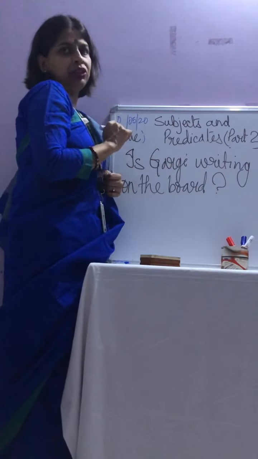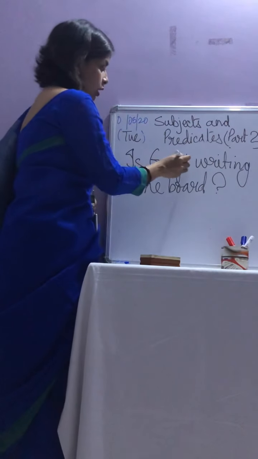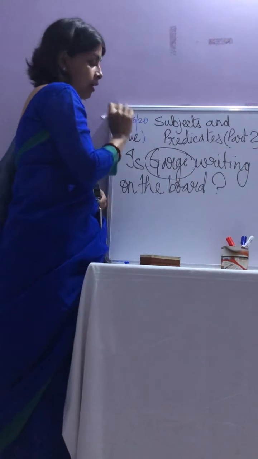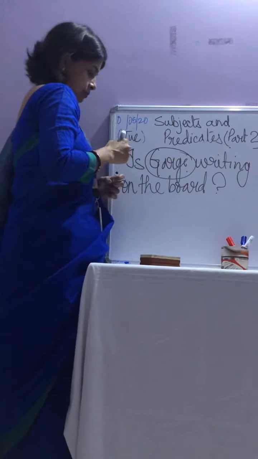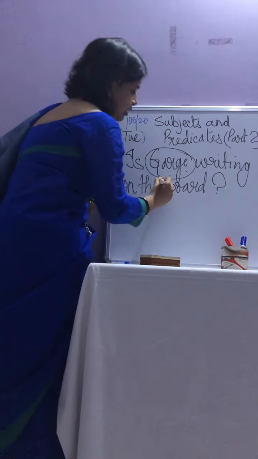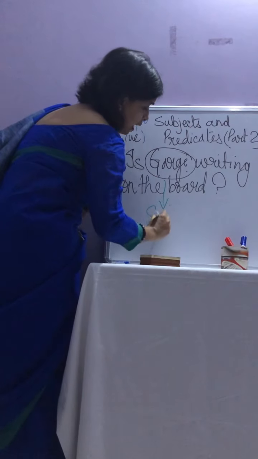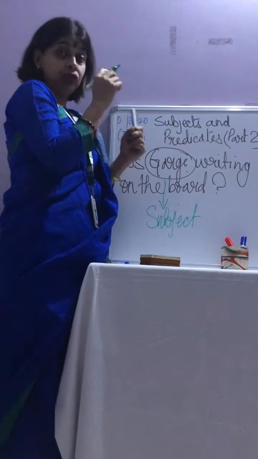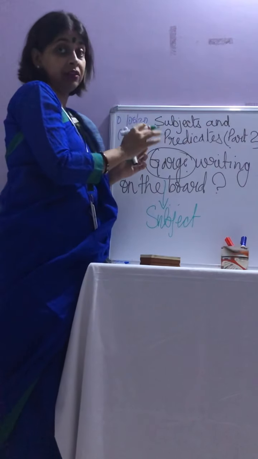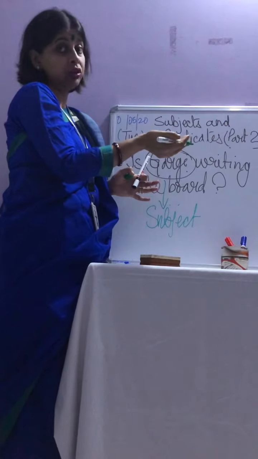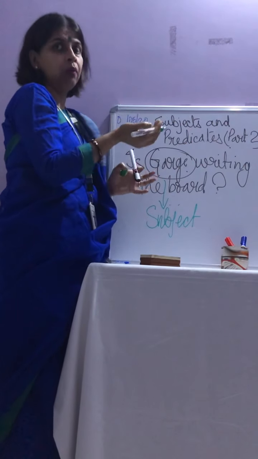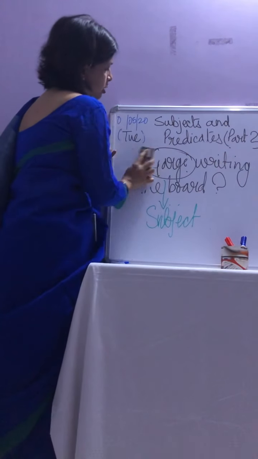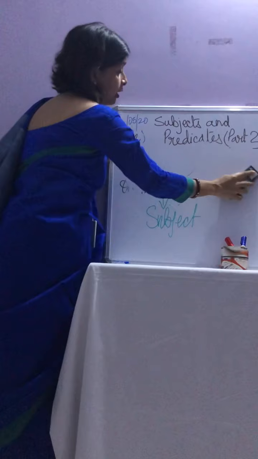About whom is the sentence talking? Talking about Gargi. So this becomes the subject, and the rest is the predicate. If an interrogative sentence is there, it will always begin with a verb or a WH word. So you know which is the subject when it's an interrogative sentence.